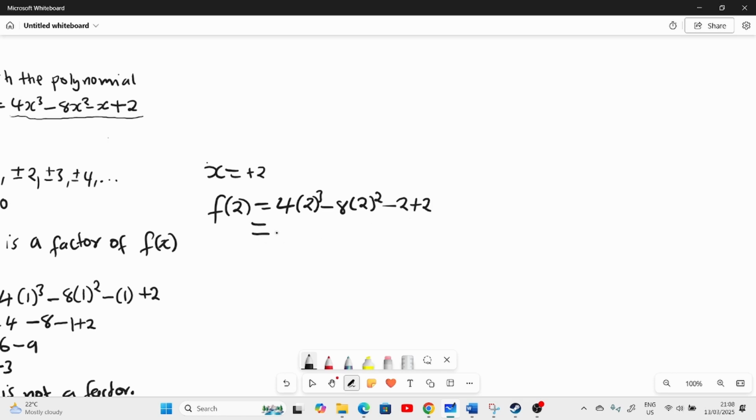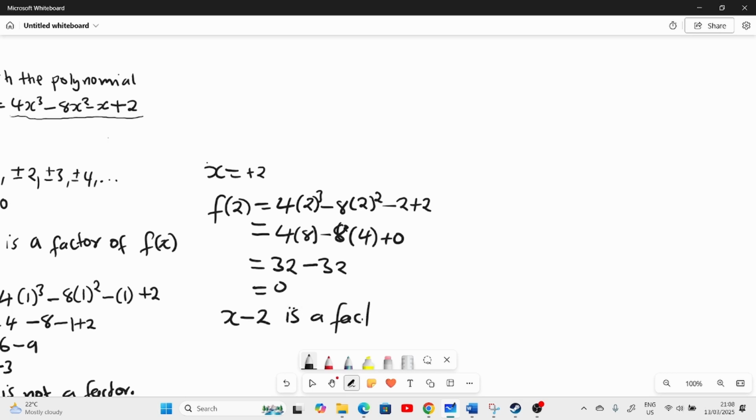So this is equal to 4 times 8 minus 8 times 4, then this will be 0 plus 0. 8 times 4 is 32, minus 32, which is going to be 0. So this implies that x minus 2 is a factor of the given function.